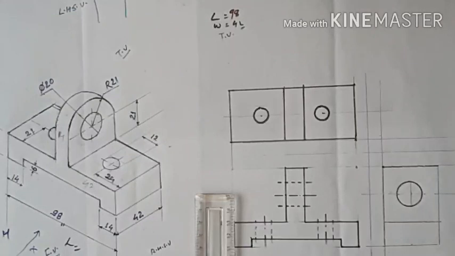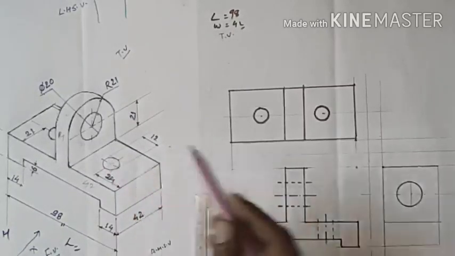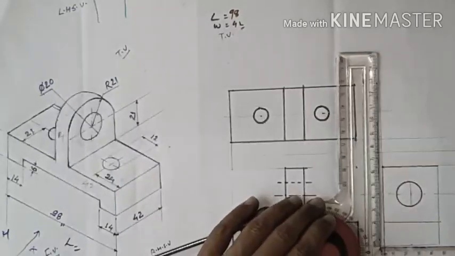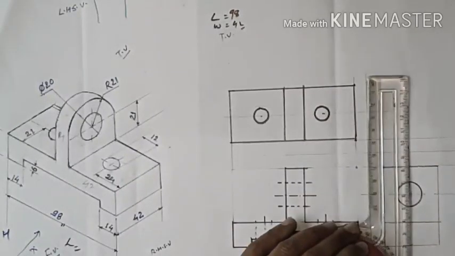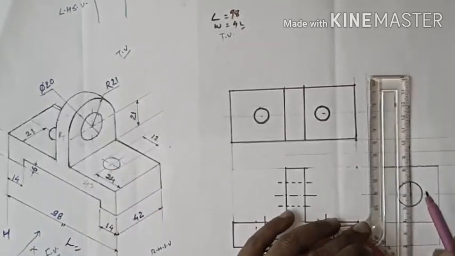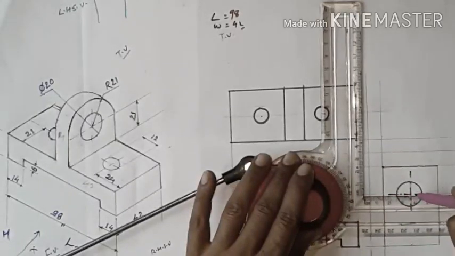And now what you can easily see is that this portion is not seen from the side view, so we put a dimension for it. So also take a center line like this. Okay, and now this is your center line, no doubt, and again this is your center line.